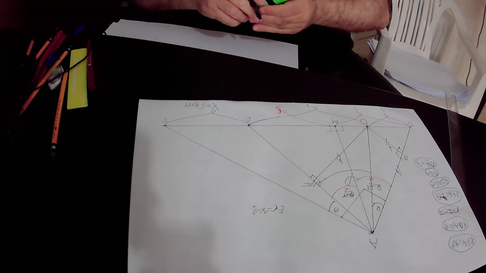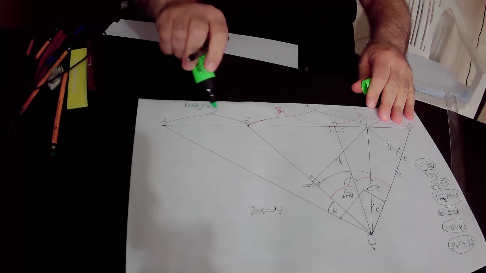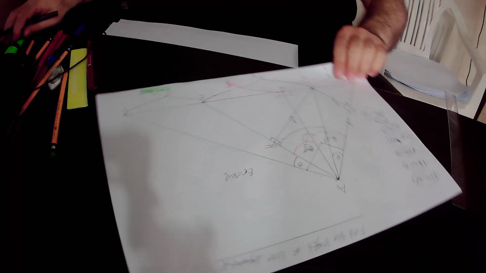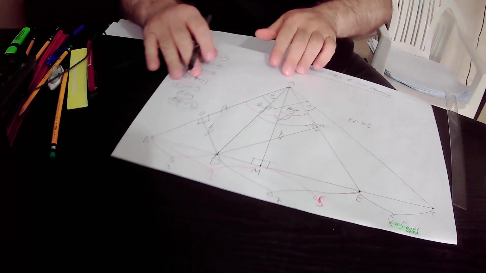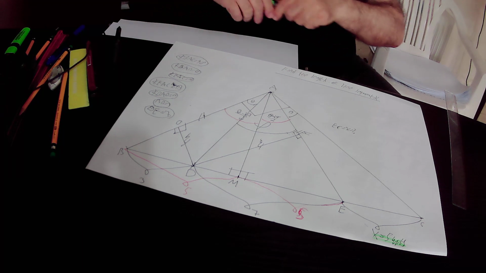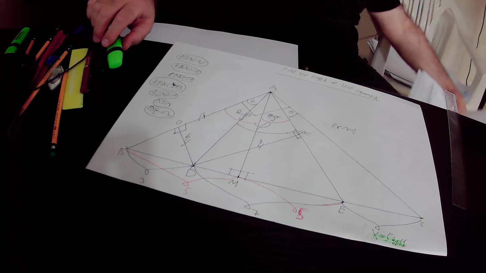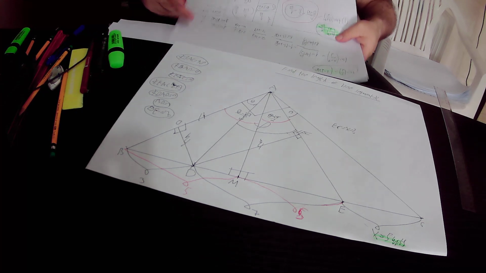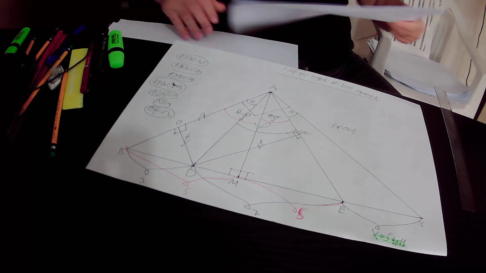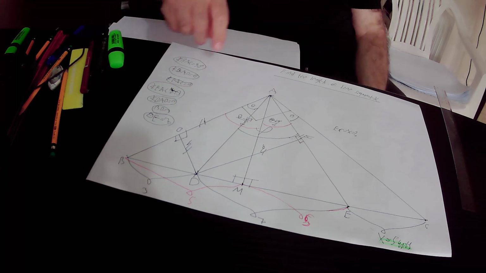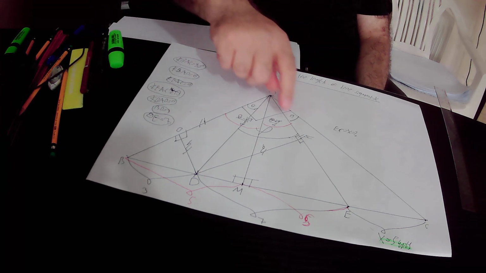Okay, so we actually have here triangle ABC. We know that AB equals AE.